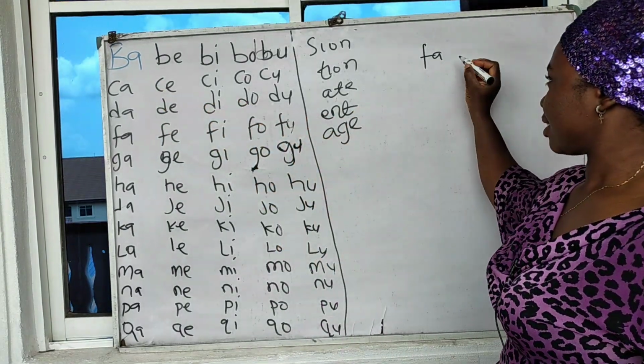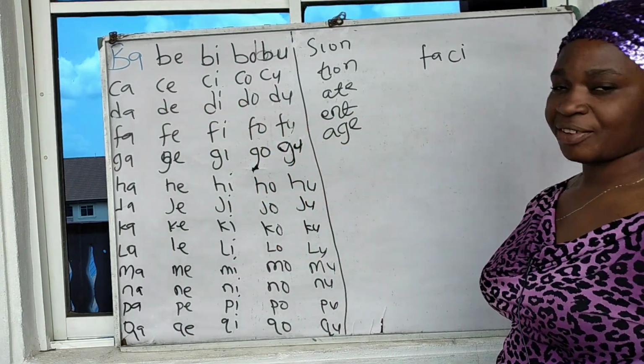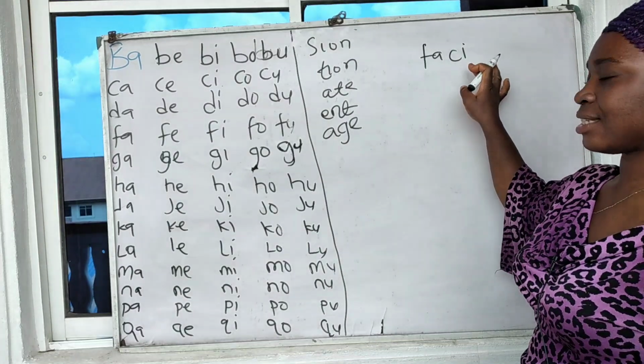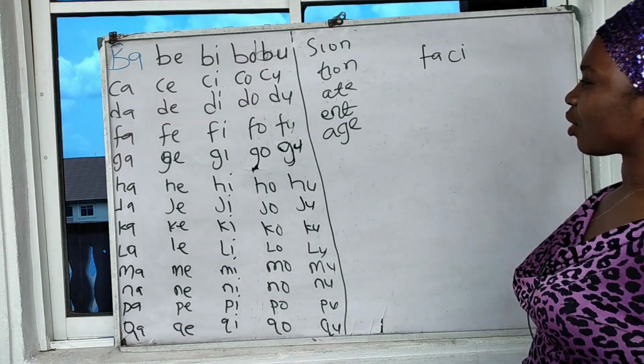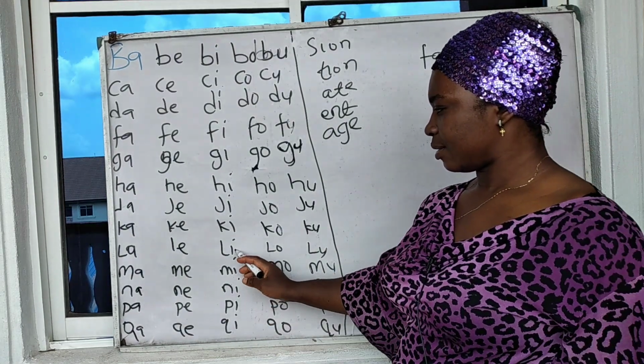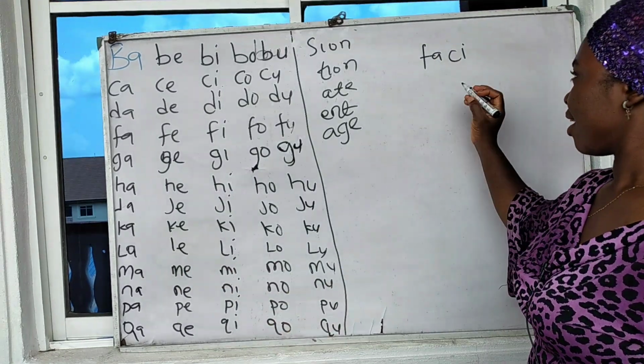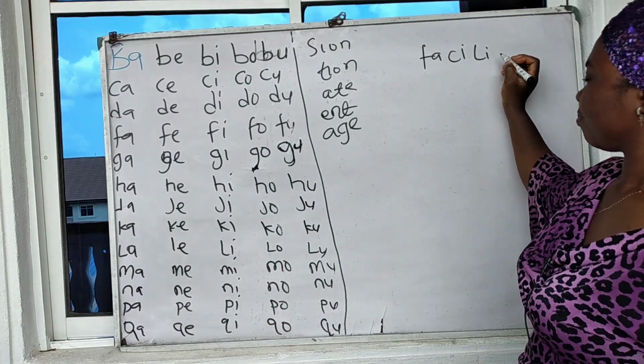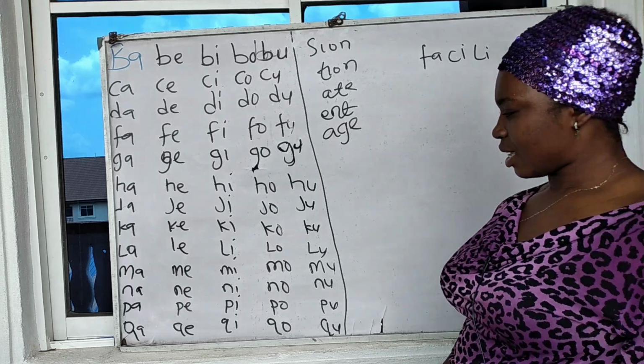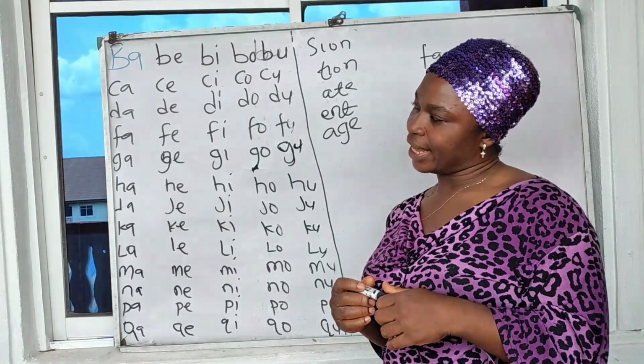I pick the ci, the c. I have fa, si. I can come again and pick the li. This is li, la, le, li. The li here, I have li, and I decide to pick t.